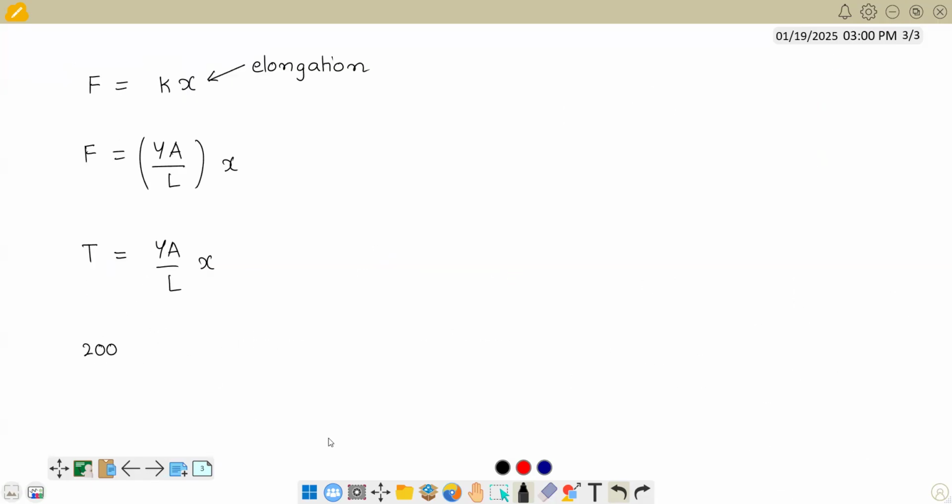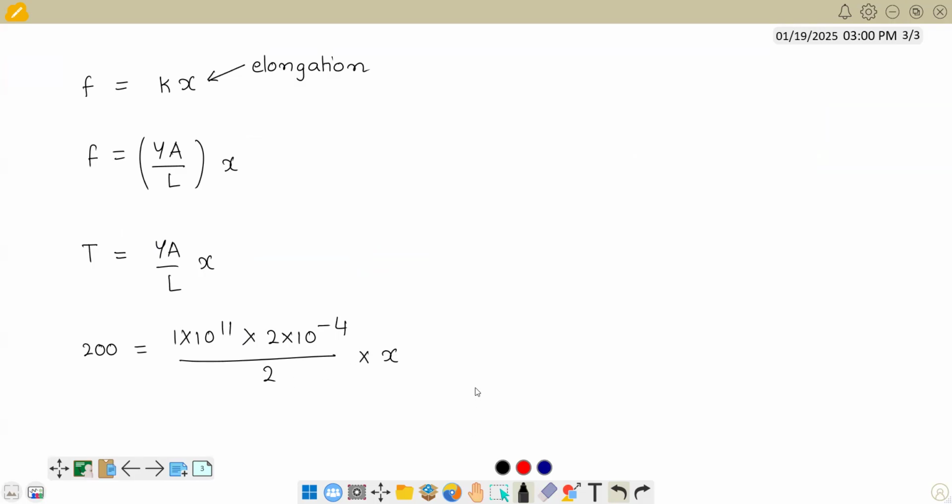If I use capital F it might be confusing, so I'll use small f. The force in the wire, which is nothing but tension, equals YA by L into x. Y value is 1 into 10 power 11, area value is 2 centimeter square, so 2 into 10 power minus 4. The length of the rope is 2 meter, into x. So we have to find the value of x.